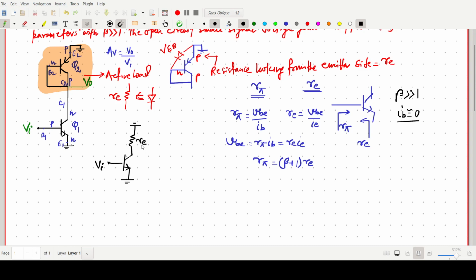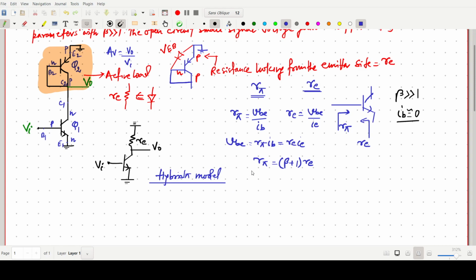Now we have to find the voltage gain. If we go for the hybrid pi model, what do we draw first?